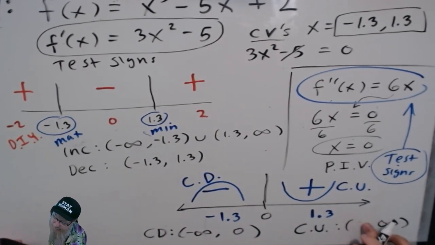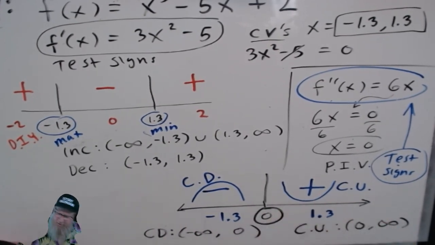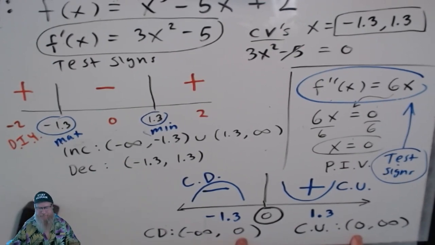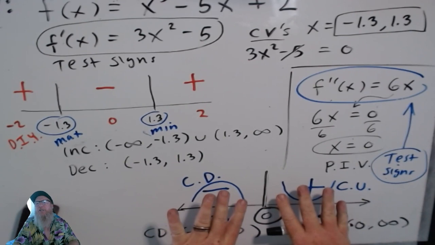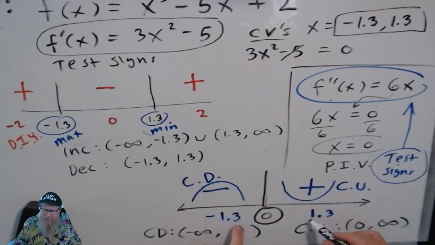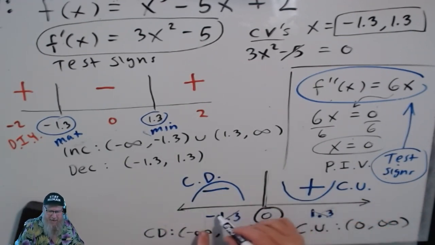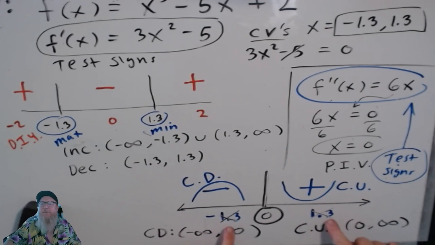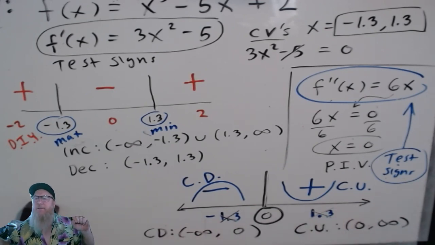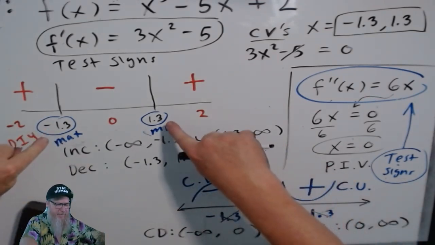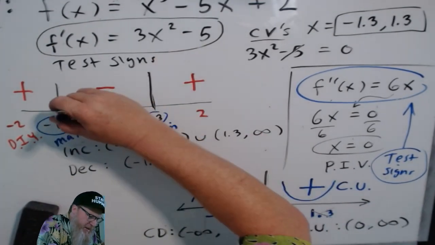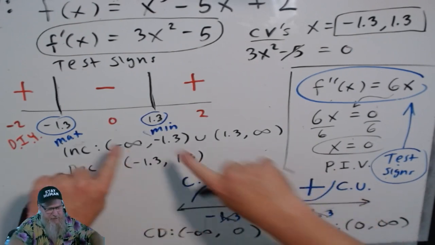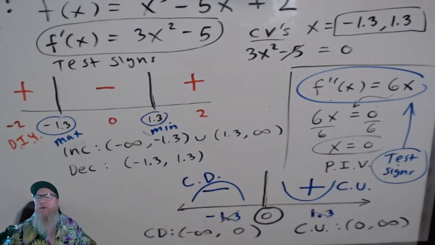I'm looking at the wrong thing. 0 to infinity. So the partition line tells you where it changes concavity. Don't let the 1.3 screw up your head. Those were just the test numbers. They don't go into your final answer. They do up here, because those are your partition numbers. So the partition numbers are always the numbers that go into your final result.